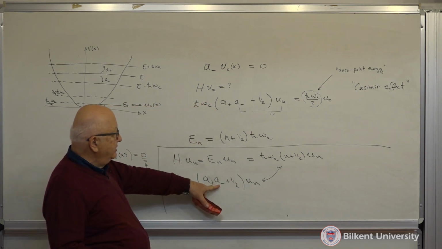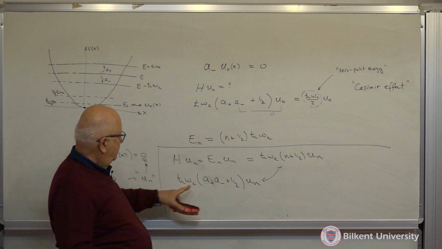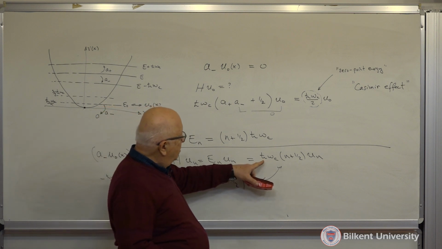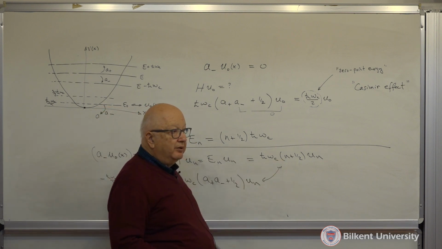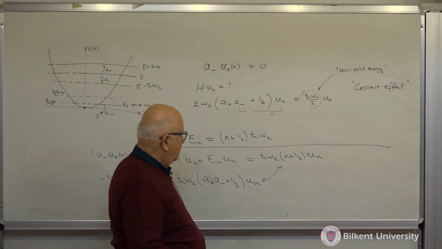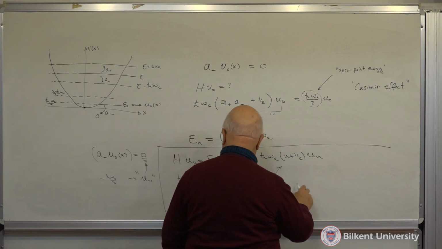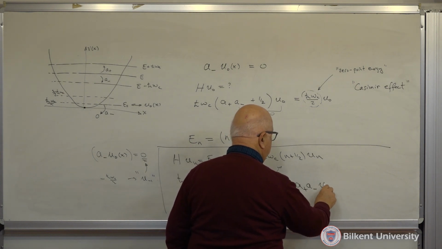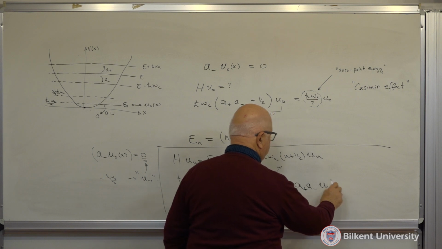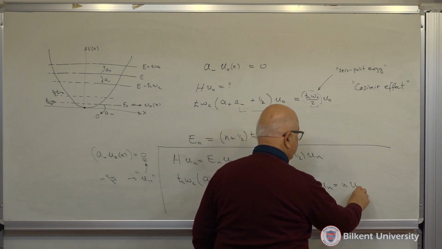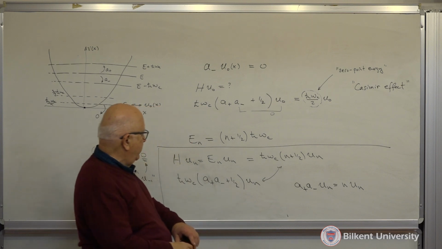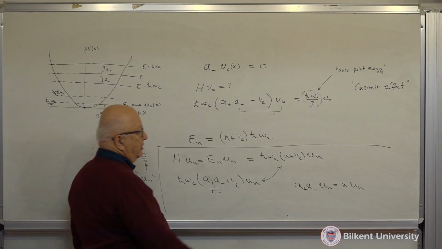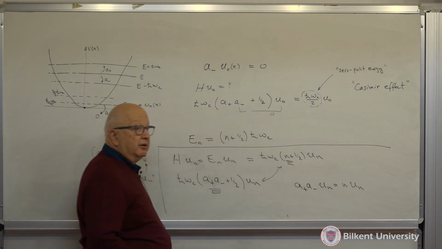h bar omega c times a plus a minus is giving you h bar omega c times n. So I have this a plus a minus acting on un is going to give me n times un. So you see this piece here, a plus a minus, is giving you this n.